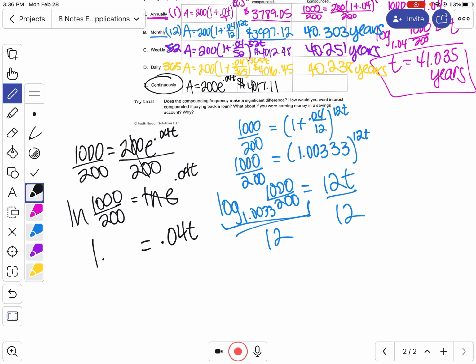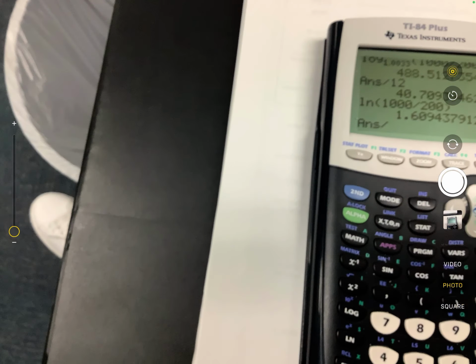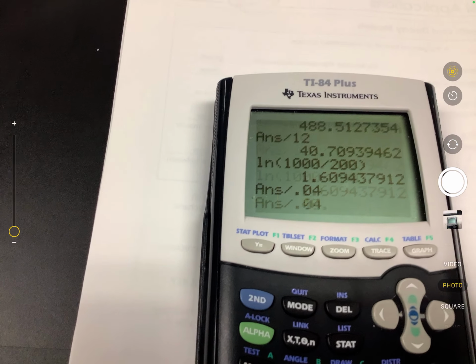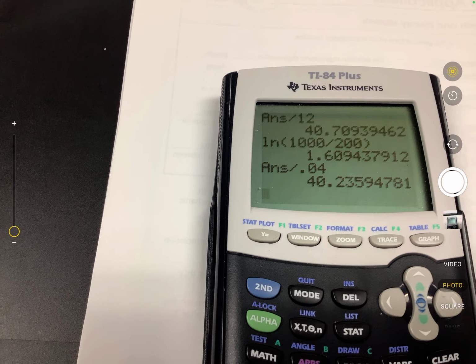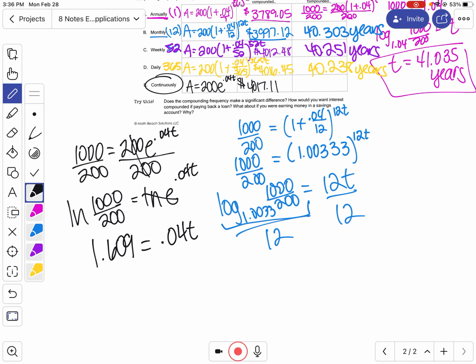I'll round it on my paper, but I don't need to round it on the calculator. Then you'll have to divide it by 0.04. And so your answer should be 40.236 years.